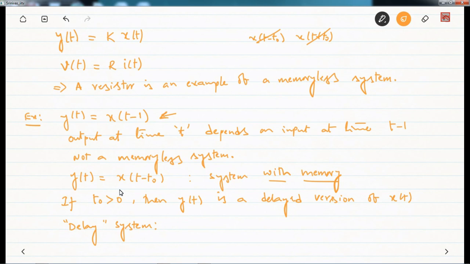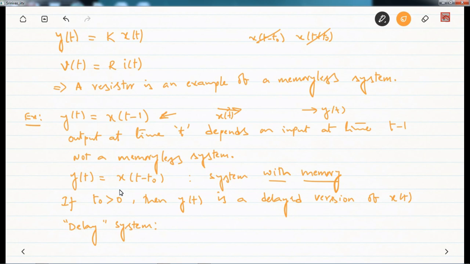It should store that information, or have a memory of what the input was 1 second before, right? Because the input is being given continuously. We give x of t, so x of 0, x of 1, and so on up to x of t. Then the output at time t depends on the input at time t minus 1. So the system has to remember the input from some time back. So that's why we call it a system with memory.